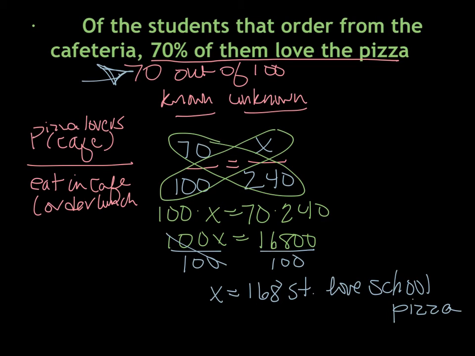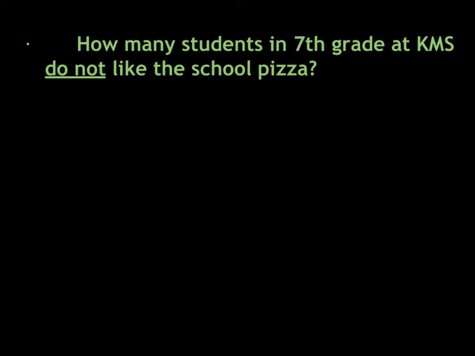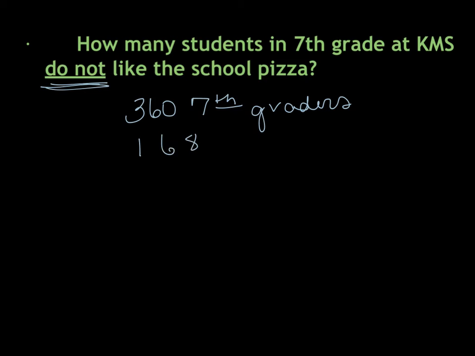Now, if you're not careful, you might put down that 168 as your answer, but you need to consider that the question says, how many do not like the school pizza? So I need to go back to my original number of 360 seventh graders. And of those, I found out that 168 of them love the school pizza.